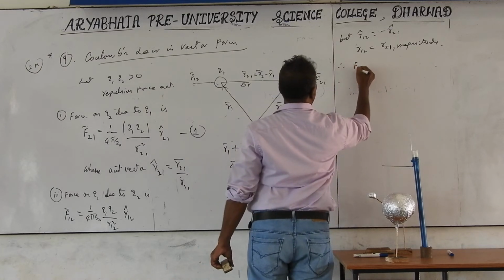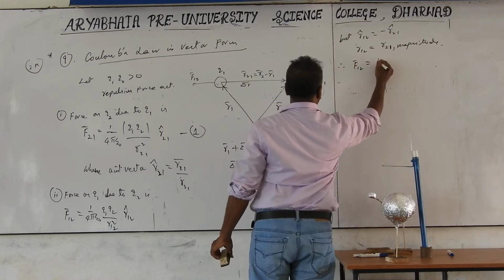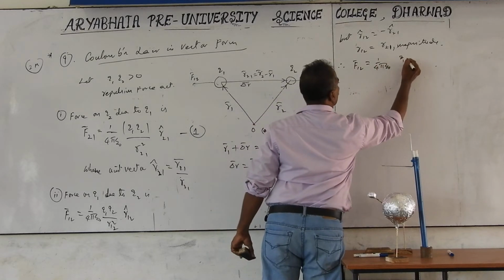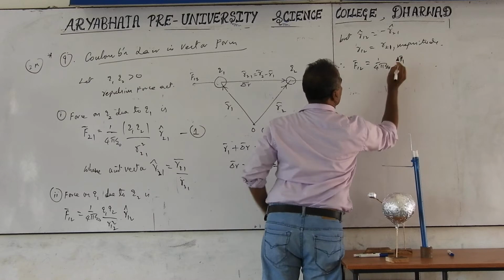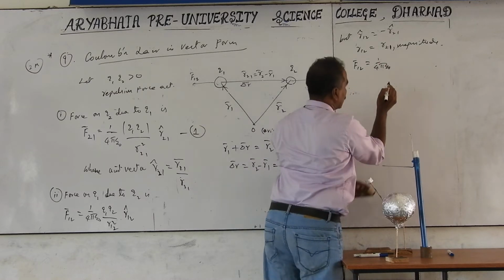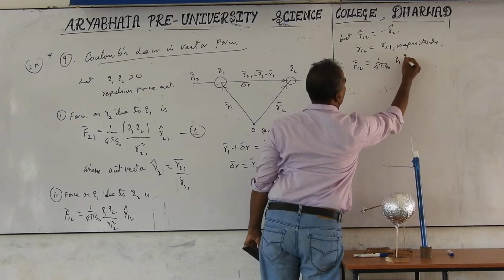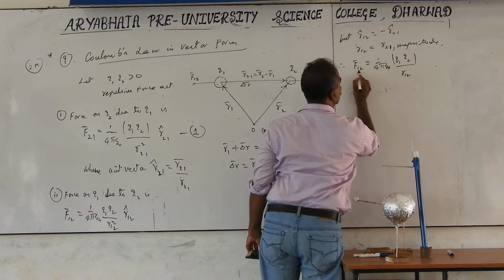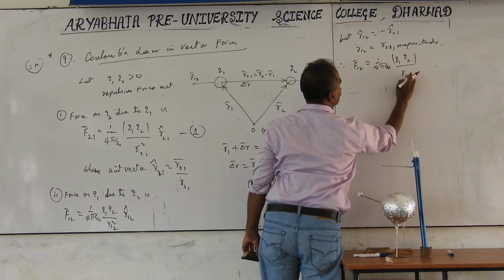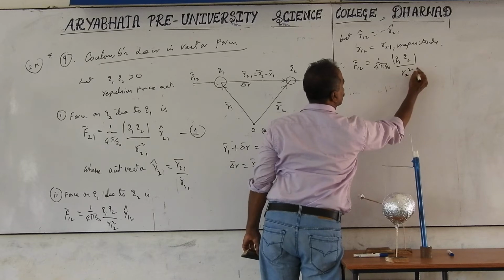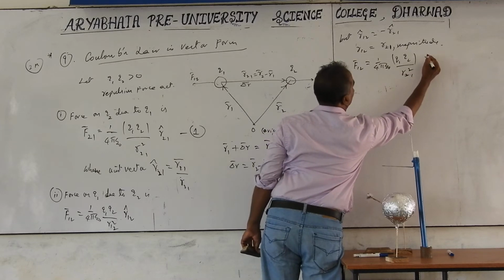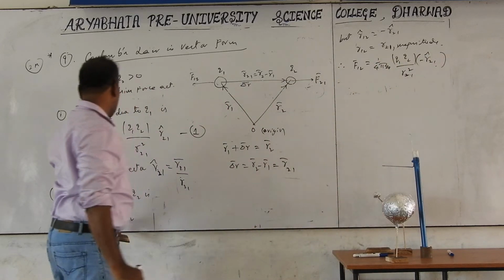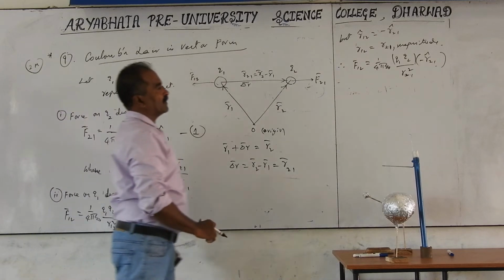By substitution, F12 equals 1 by 4 pi epsilon naught into Q1 Q2 by R21 square into R21 cap with a minus sign, since R12 cap equals minus of R21 cap.